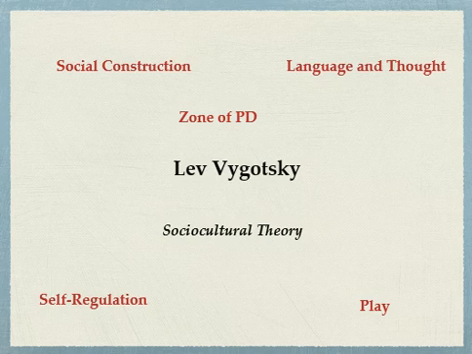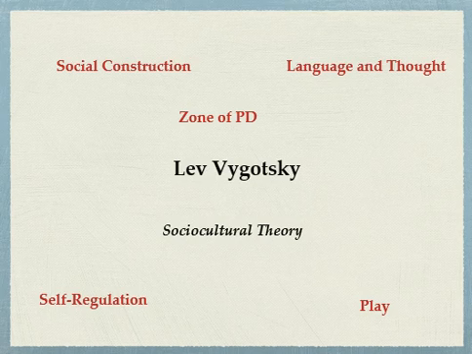Lev Vygotsky's sociocultural theory has had a tremendous impact on the field as well. Through his contributions, the following concepts were brought to the forefront. The social construction of knowledge, or the ability of scaffolding to have an impact on children's learning, is a cornerstone of ECE curriculum.